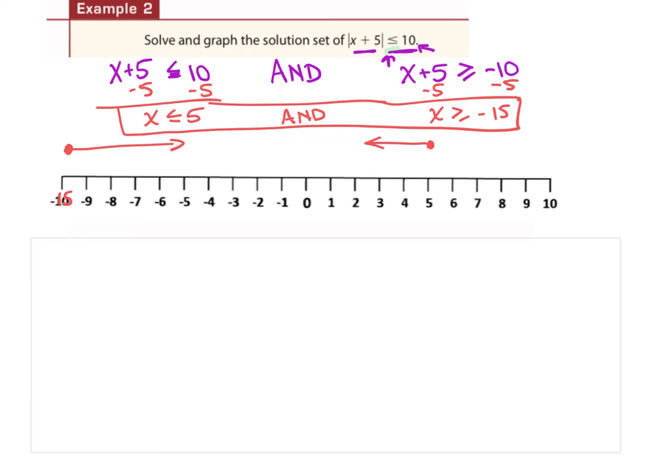It means they're going to cross over in between. So I'm going to go negative 15 closed circle, positive 5 closed circle, where they cross over. Just like you would have graphed before. You're solving two. It's just like the equations. You're just setting up two and you're flipping your signs. All right?